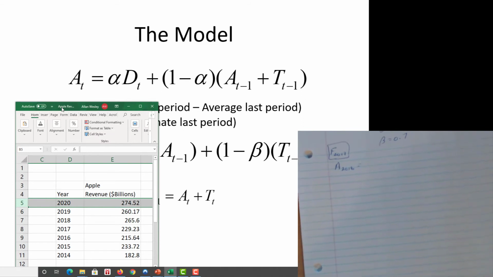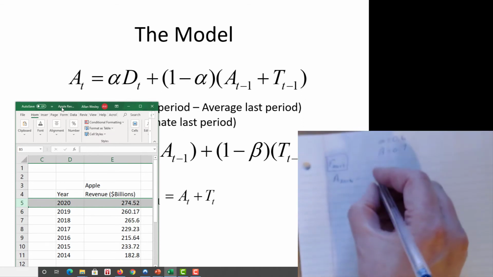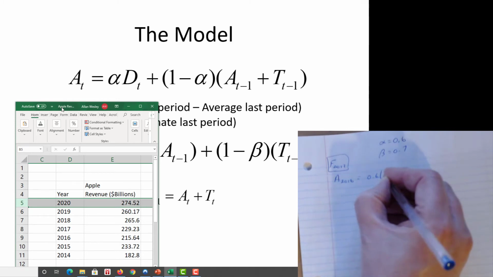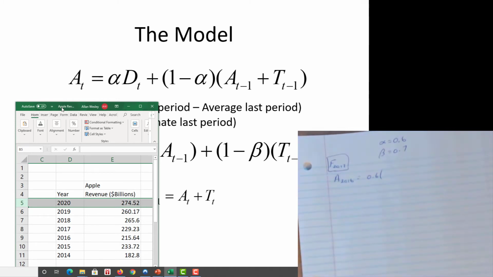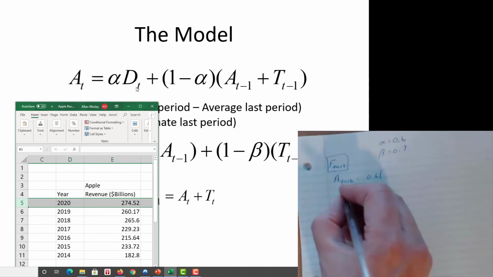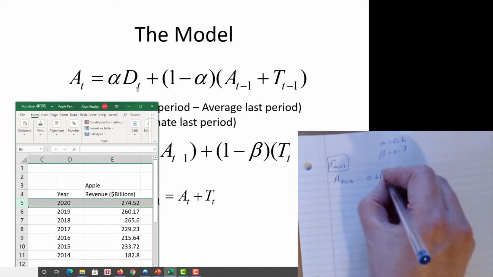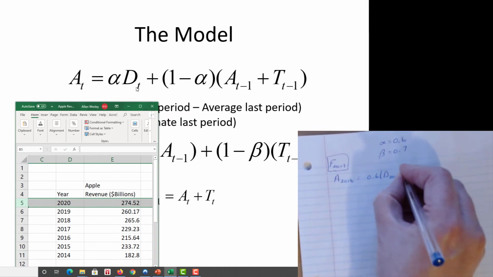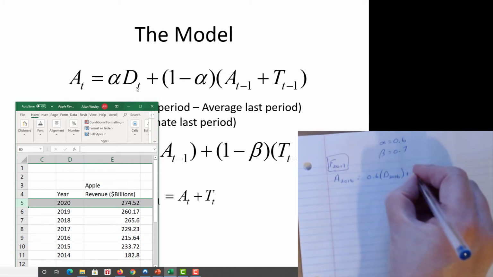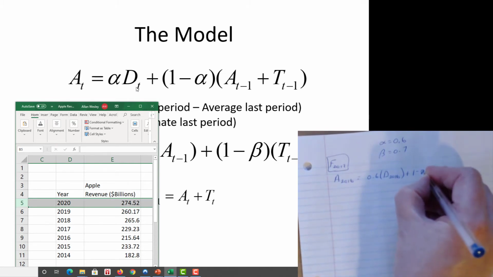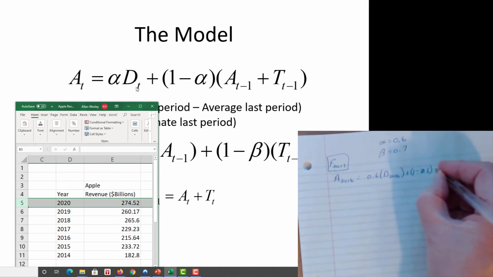So the average for 2016: alpha is 0.6 times the demand. Notice that the T in A_T and the T in D_T are the same, which means they're occurring in the same year. So the average for 2016 is 0.6 times the demand in 2016, plus 1 minus 0.6 times the forecast for the previous period, which we had as 251.80.